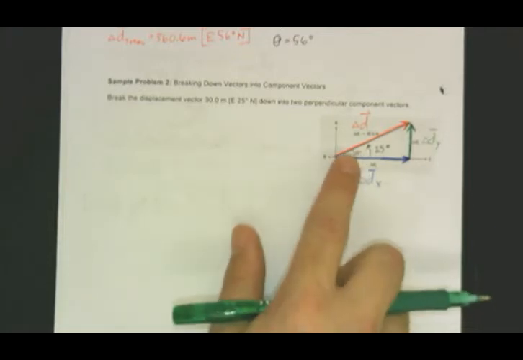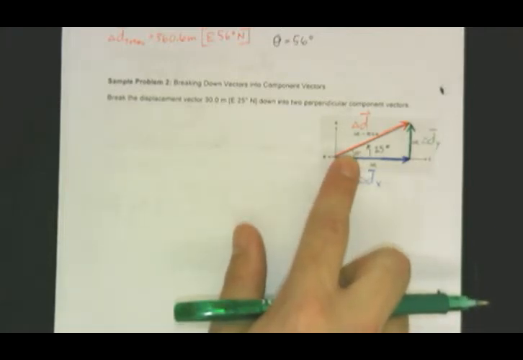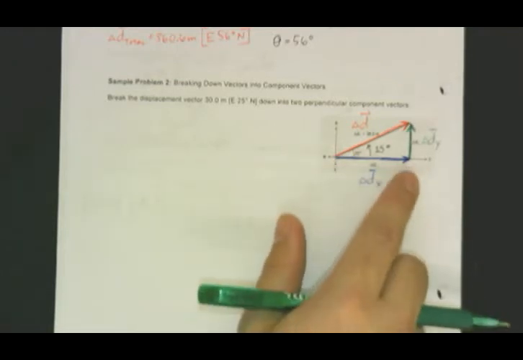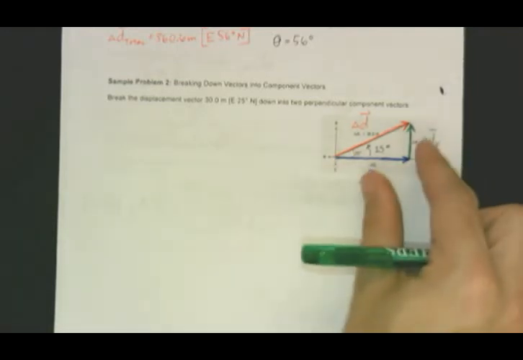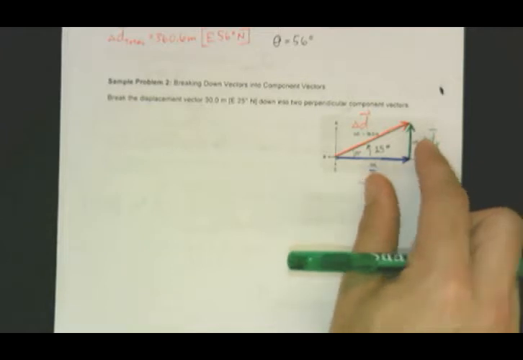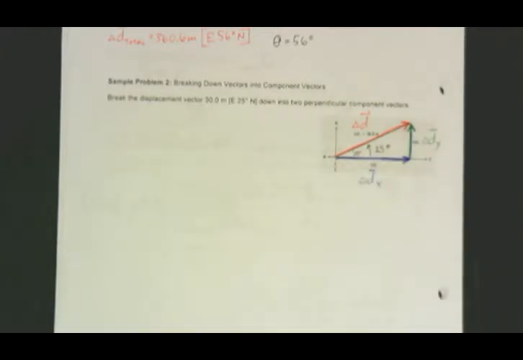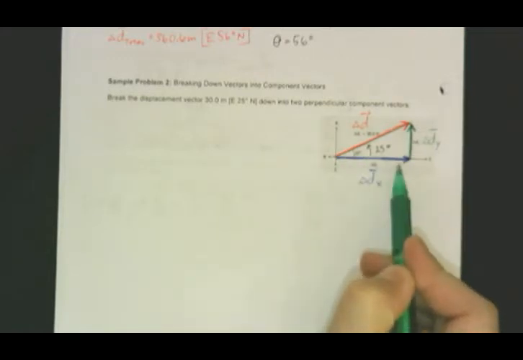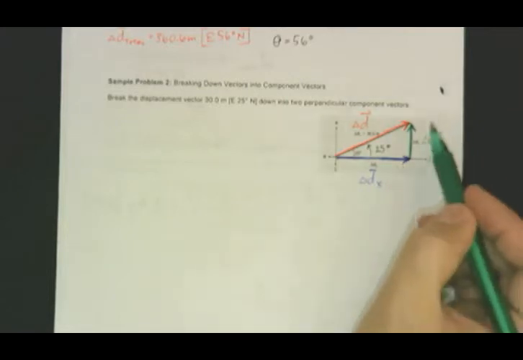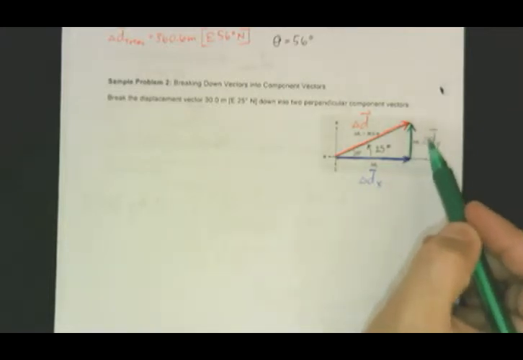So this red vector, delta D total, is exactly equal to the sum of the blue and the green. These two vectors are identical to this one red. Okay? So we have to learn how to find the size of this part of the vector, which is the x component, and the size of this part, which is the y component.